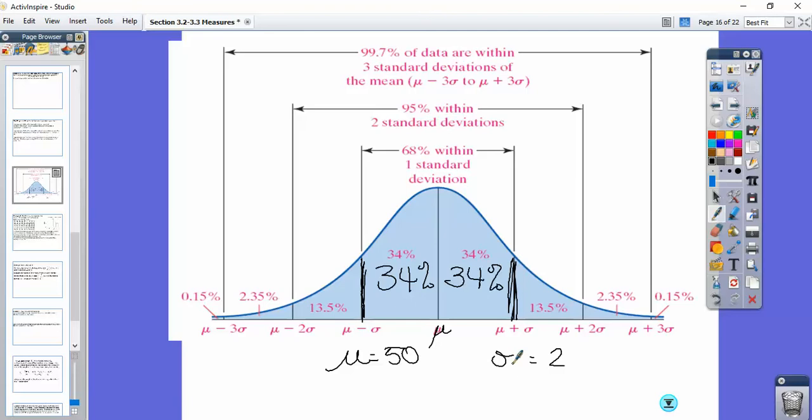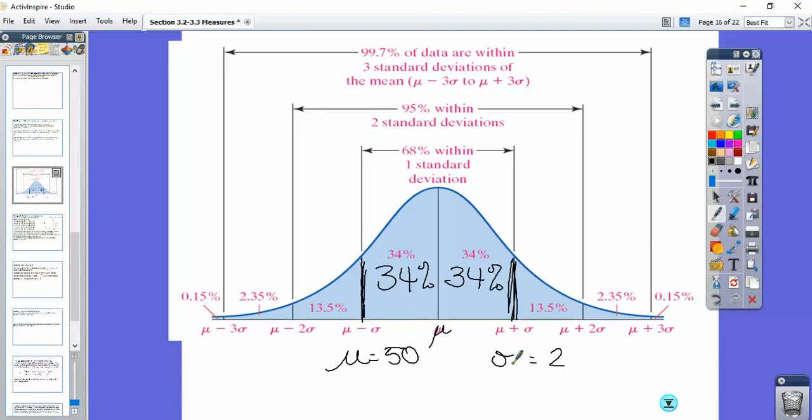If it was bell-shaped, that means 68% of those values would fall between 48 and 52. If I just looked between 48 and 50, what percent should I see? 34, because that's one standard deviation below to the middle.